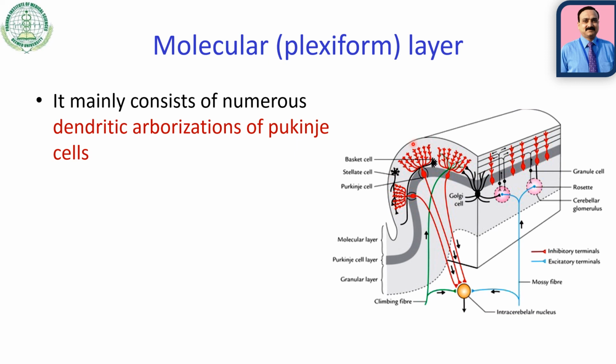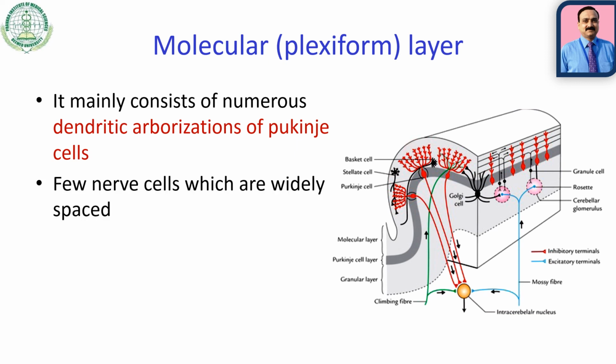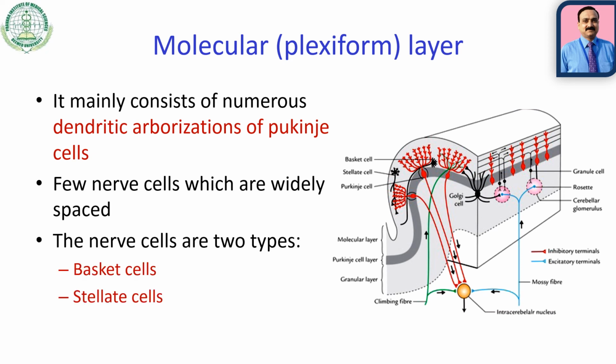Then few nerve cells which are widely spaced, you can see these nerve cells are stellate cells and basket cells. So along with dendrites of Purkinje cells, stellate and basket cells are present in the molecular layer.